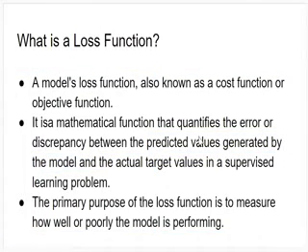We use a mathematical term for this error or discrepancy, and that is called a model loss function. It is also called a cost function or objective function. Its primary purpose is to measure how well or how poorly the training model has performed or is performing.